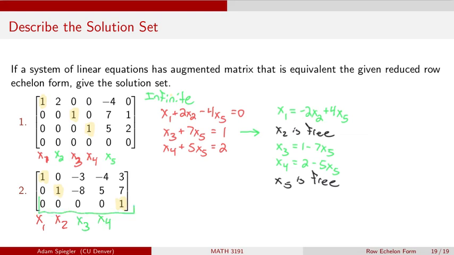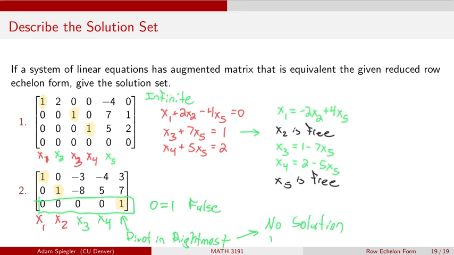But in this case, we have the problem that the rightmost column has a pivot. When that happens, we're going to wind up getting an equation from this last row that says 0 is equal to 1, and this is false. So when we have a pivot in the rightmost column, that leads to a contradiction. This tells us that we have no solution to this system. This system is inconsistent.